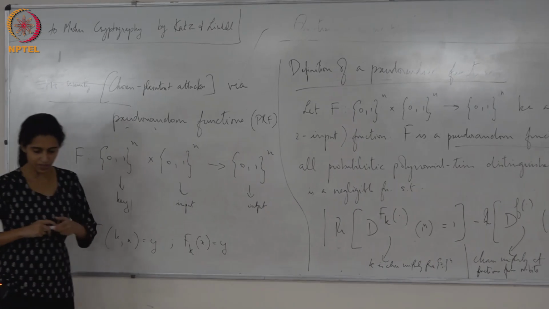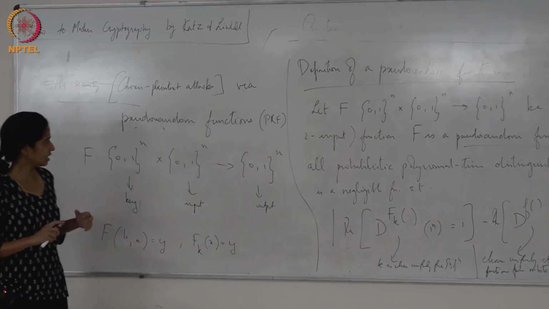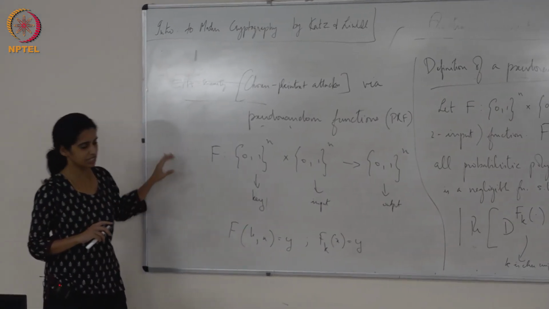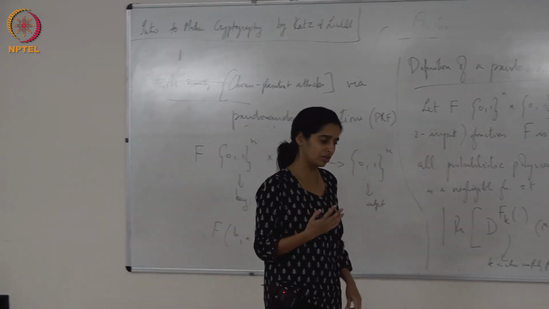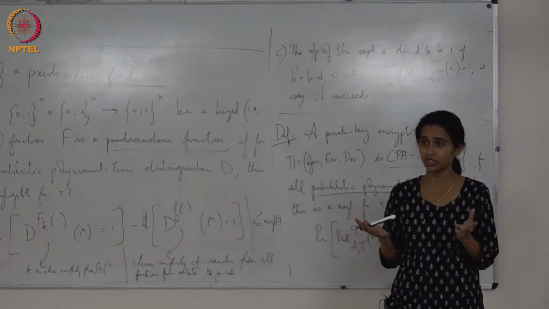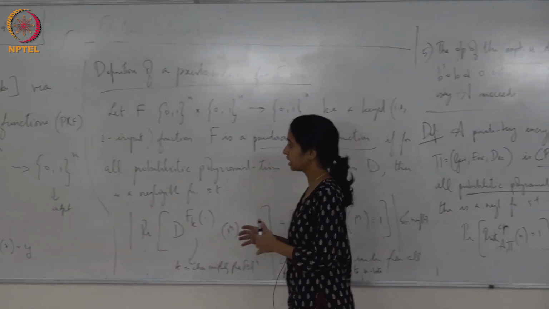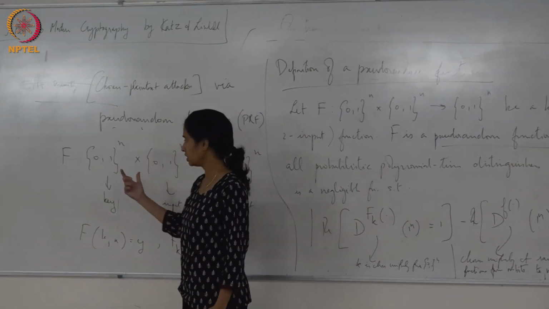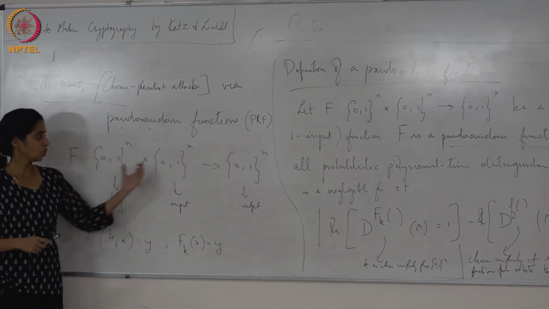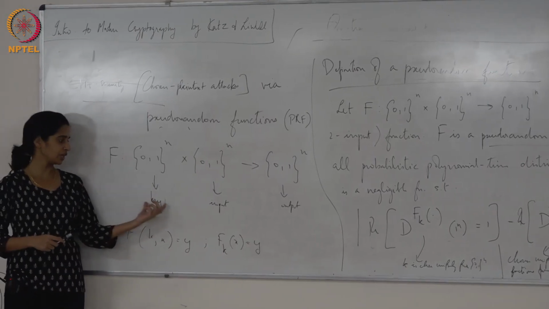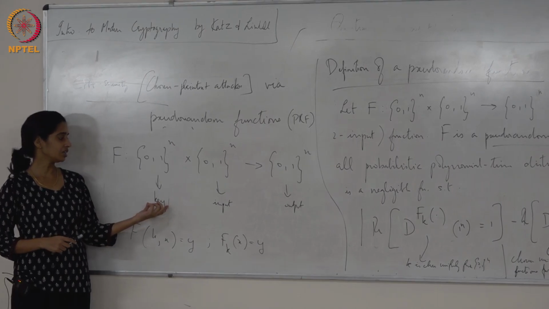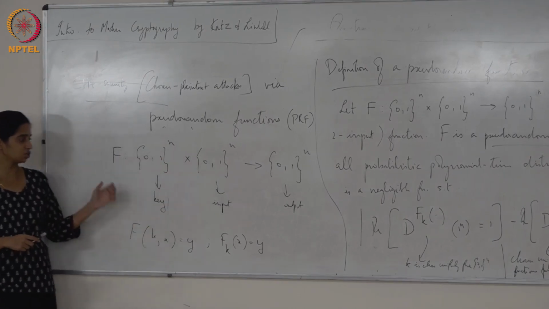Okay, so what we are going for is that this lookup table notion of describing a function from n bits to n bits will essentially show that there are an exponentially large number of functions from n bits to n bits, whereas when you consider this two input function where you choose a function by choosing just an n bit key, this would be a smaller number of functions to choose from.